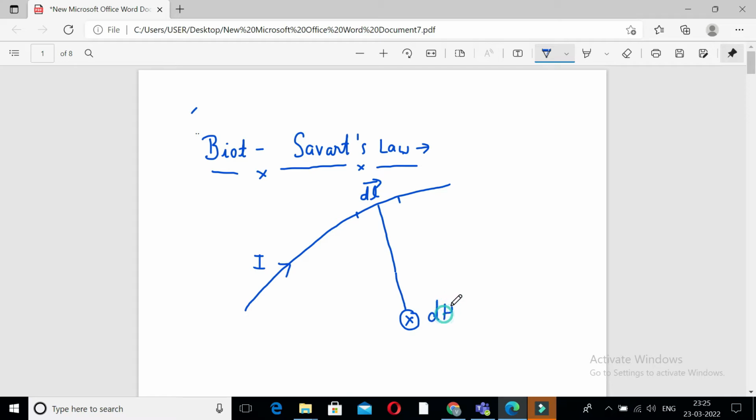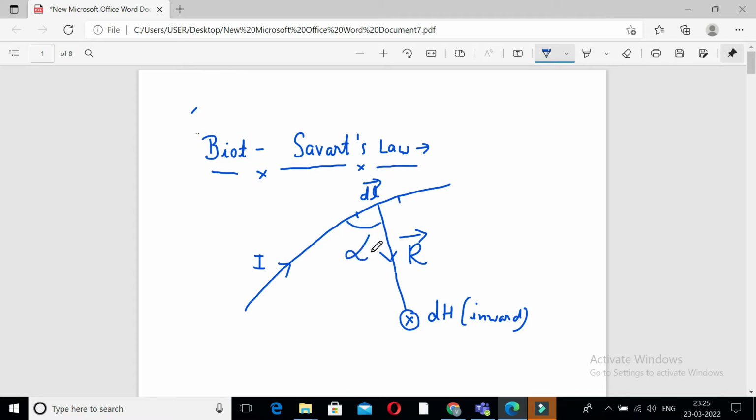It is denoted dH inward because the cross line is there inward, and this is the direction of vector r, and this is the angle alpha.